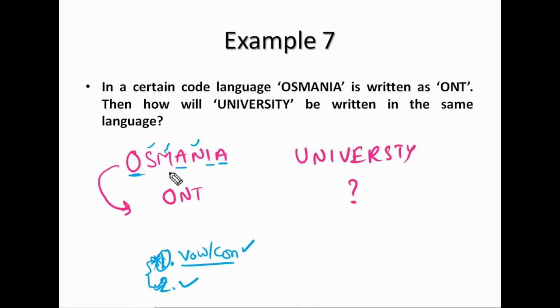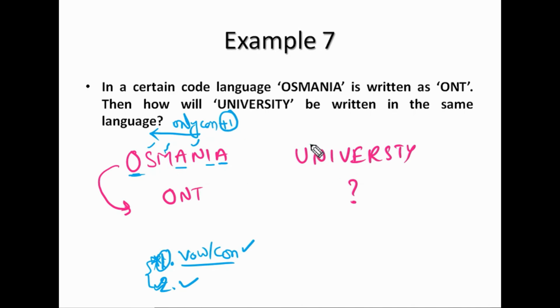The nearest letter of M is N, that is also the next letter. The nearest letter of N is O, that is also the next letter. So simply, in the reverse order, ignoring all vowels, only consonants we have to do plus 1.